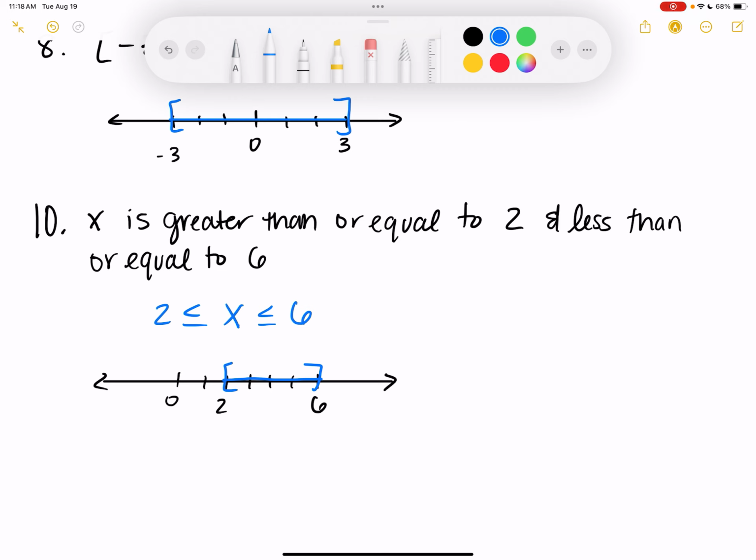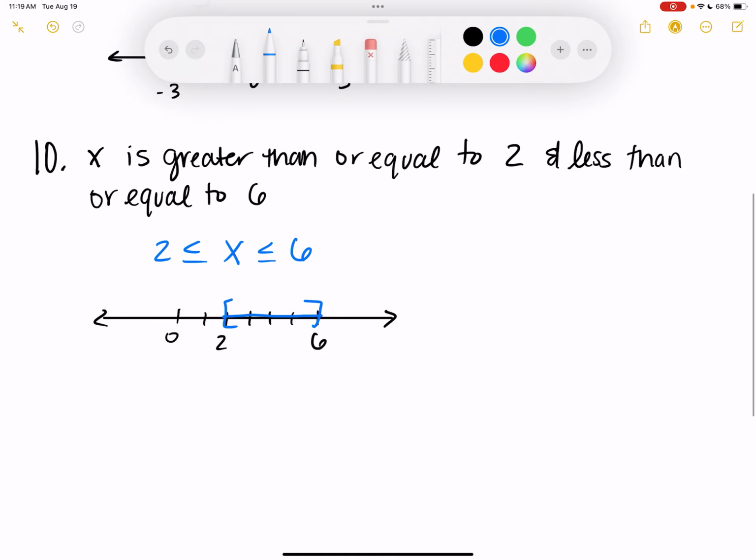All right, the next ones, they're either going to give us a number line graph, an interval, or a verbal statement, and they want us to write an inequality that fits that requirement. So 12, we have negative infinity to 4, and it's closed at 4.